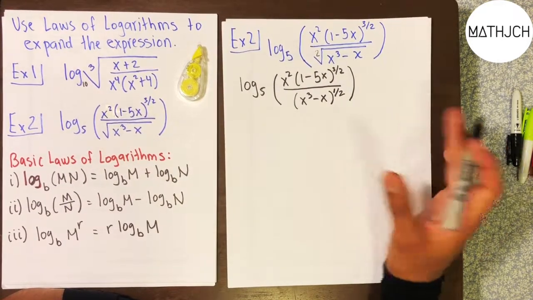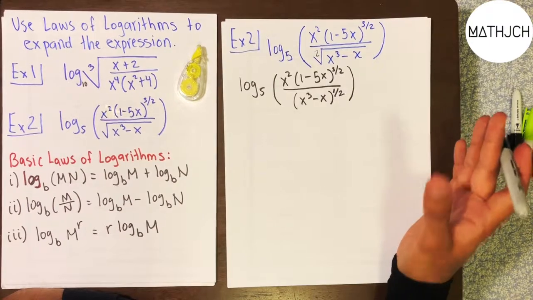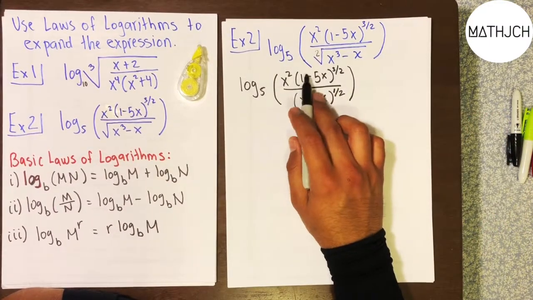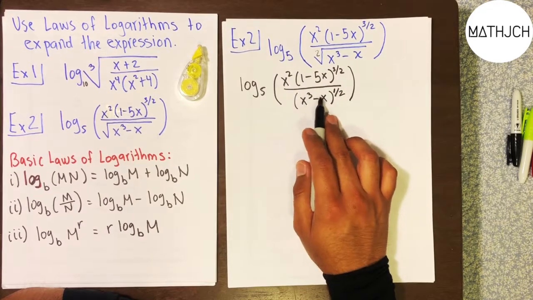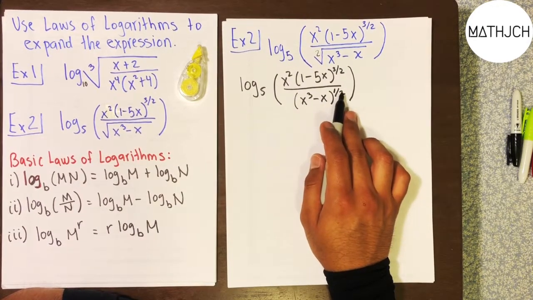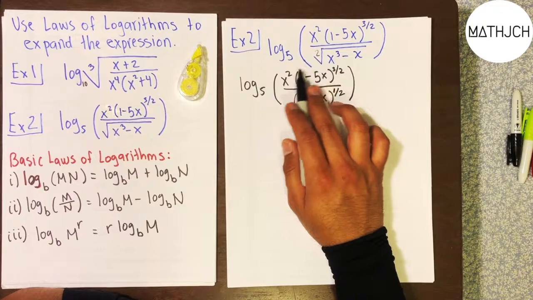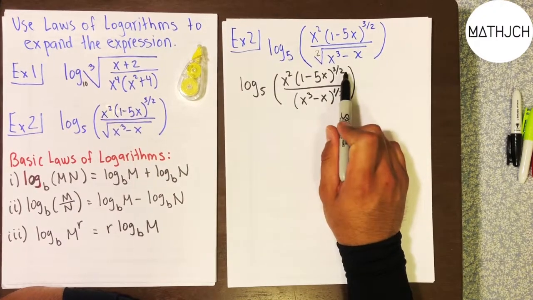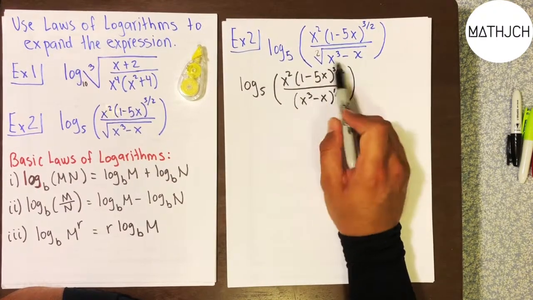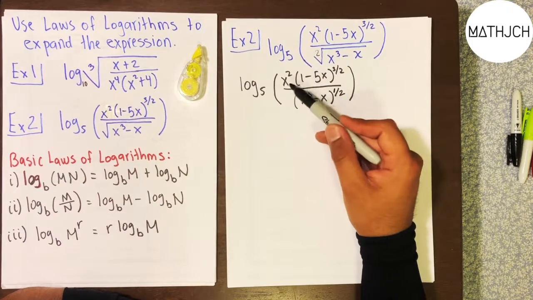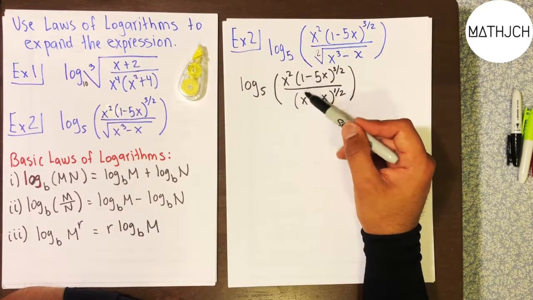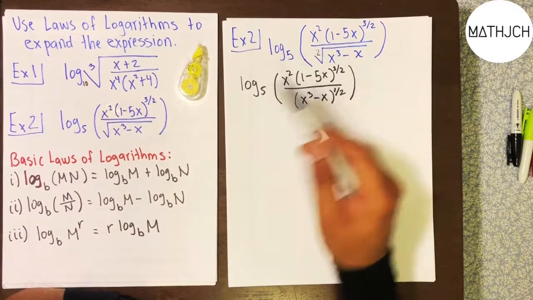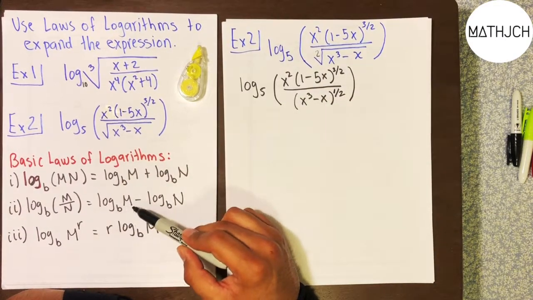Now let's apply the basic laws of logarithms, right? Notice that we have a multiplication here in the numerator, and here we have an exponent in the denominator. The first thing that you have to notice is that we have a division before multiplication. So let's apply the division law of the logarithms, which is our second here, right?